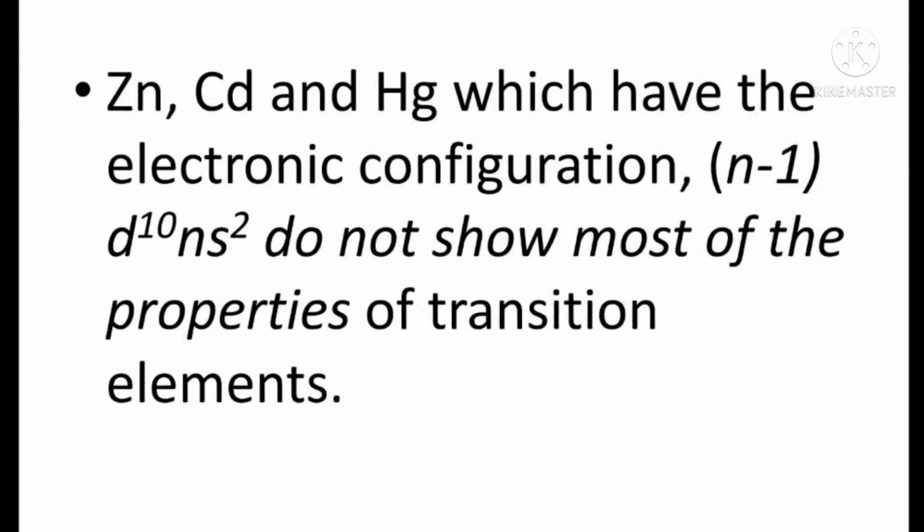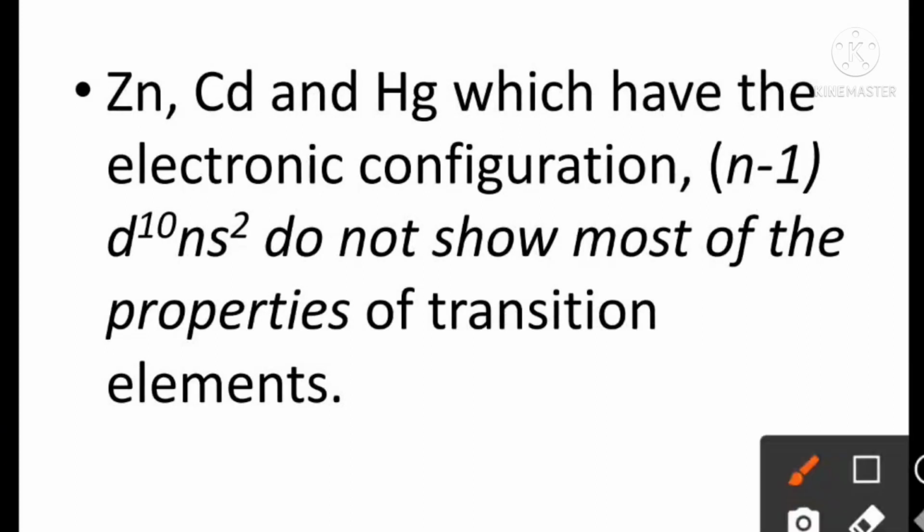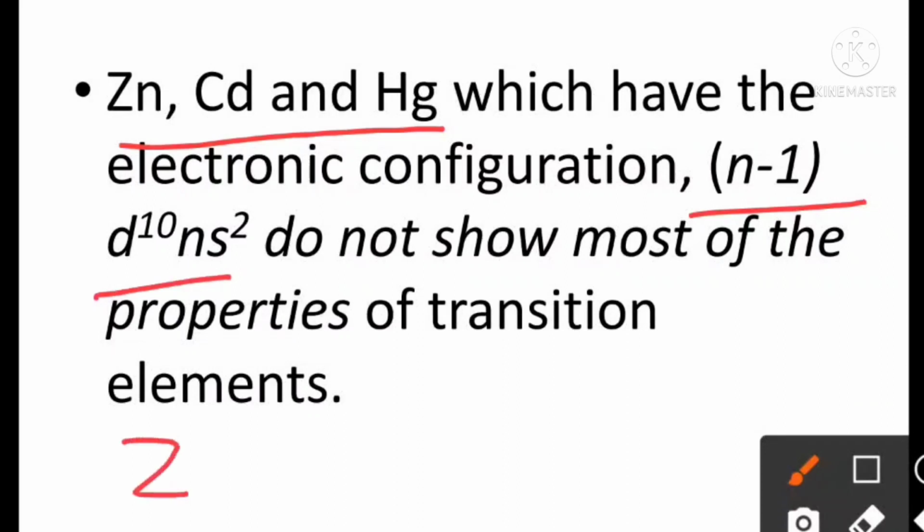Among the D block elements, zinc, cadmium, mercury contain the (n-1)d10 configuration as well as ns2. If you write the electronic configuration of zinc, atomic number 30, in square brackets you put argon, which accounts for 18 electrons.